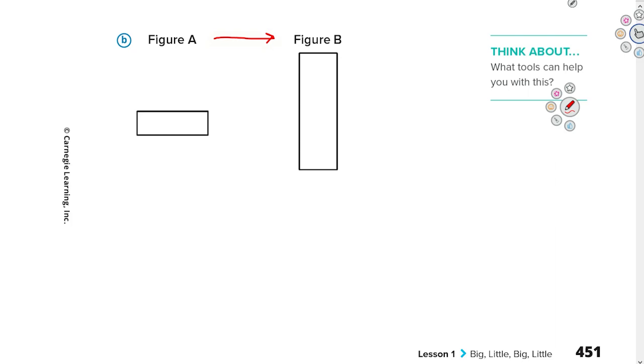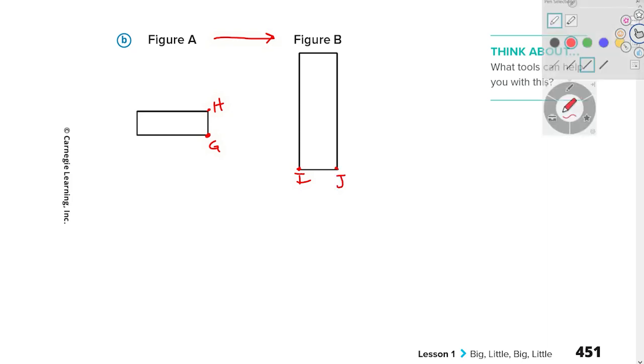Okay, so again, I'm going to name a couple of points. I'm going to name this point G and this point H. Okay, there's lots of ways to do this. And so if you don't have my method, that's fine. Okay, and this is point I and this is point J. Okay, so I'm going to choose to first do a translation to match up some corresponding points.